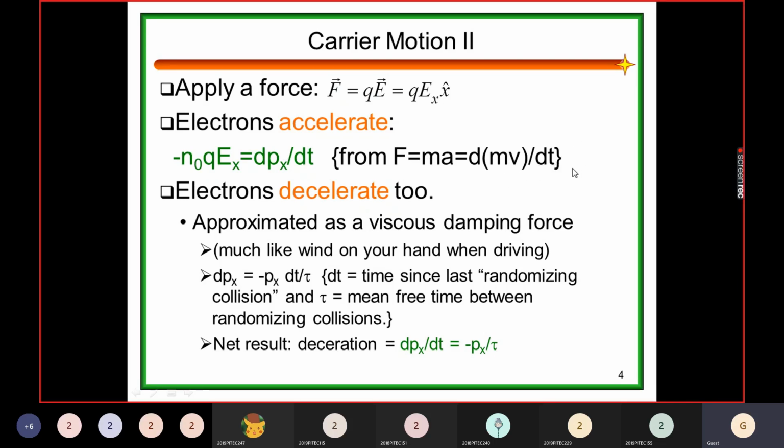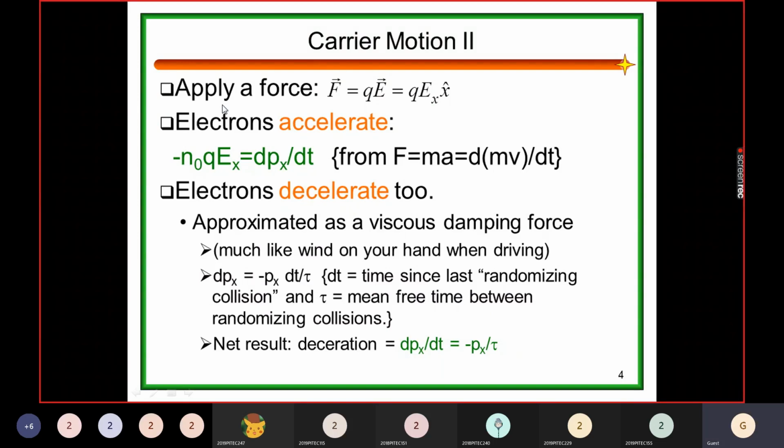See, in this case, by applying an external force, two different conditions are there. One is the acceleration movement and the other one is the decelerating movement, which is exactly opposite to that of the accelerating movement. So in this case, a damping force will be obtained, and as a net result, deceleration of the electron movement is going to take place.